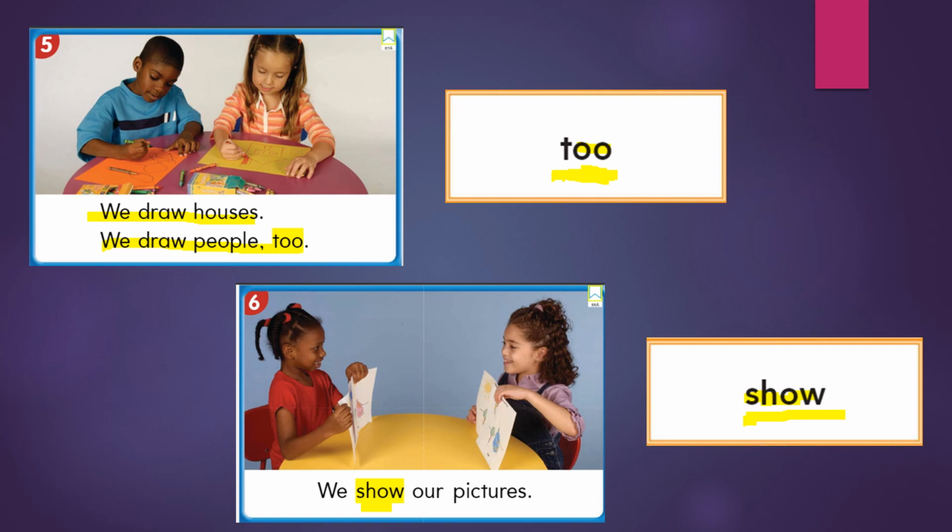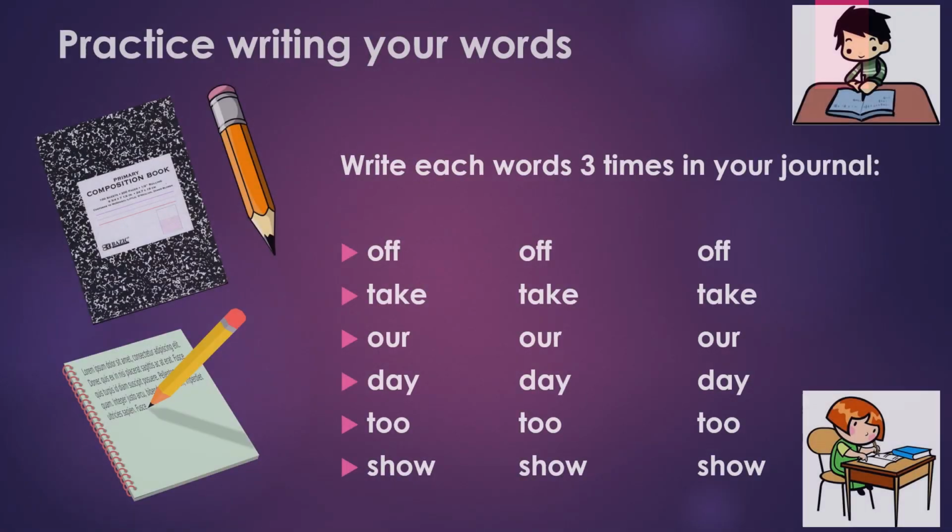So let's go ahead on to our next slide and practice writing them. All right, now what you're going to do is take your 6 new words for this week and your composition notebook or your journal, this book right here, and we are going to practice writing your words 3 times each, okay?